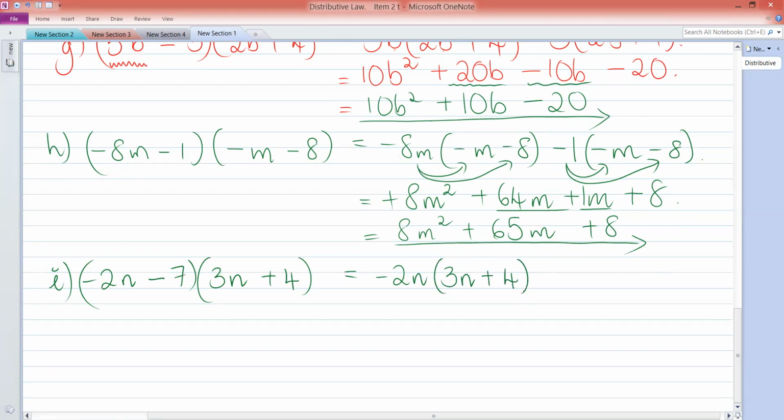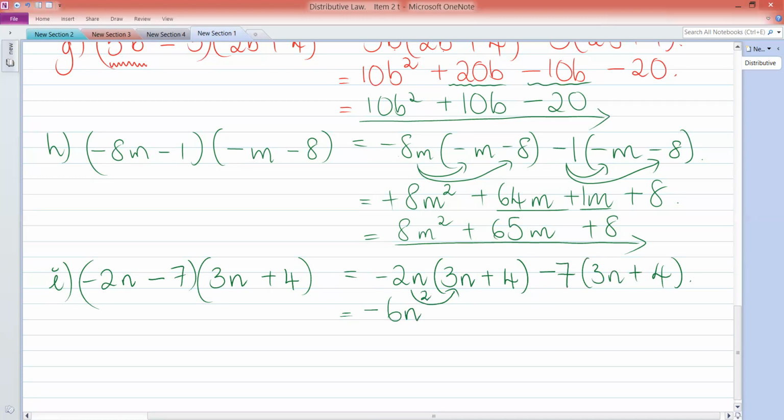Then negative 7 into 3n plus 4. Okay, let's distribute. Negative 2n into 3n. Negative or positive, that becomes negative. 2 times 3, that is 6. N to the power of 2.